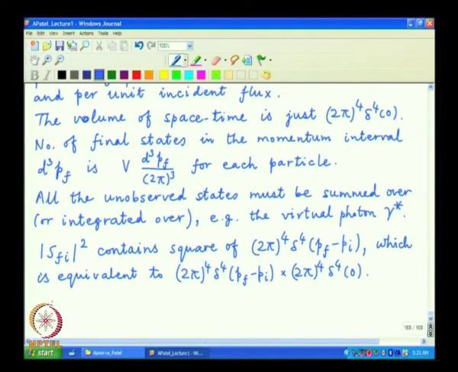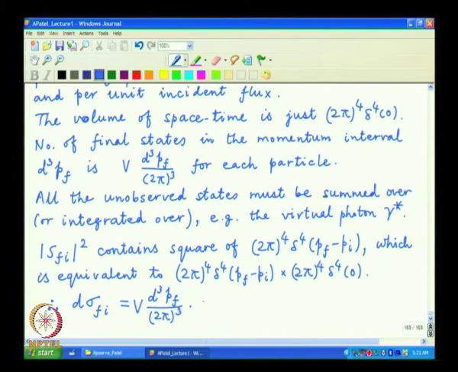Therefore, one can now write the probability of transition, or the differential cross section sigma f I, which will have various elementary volumes. There is an elementary volume for the final state electron. Well, I should put this V as well.